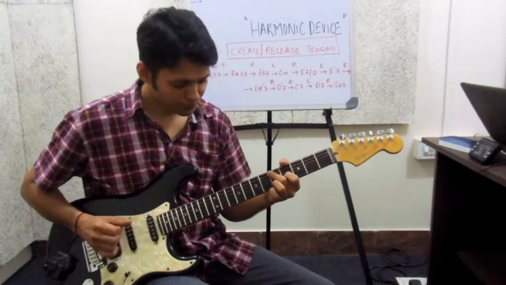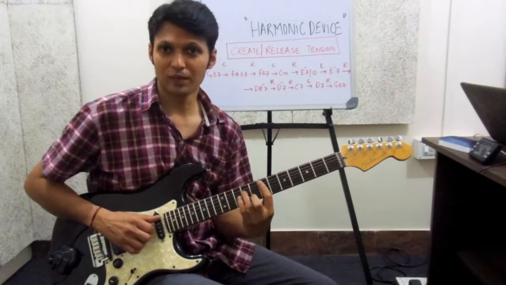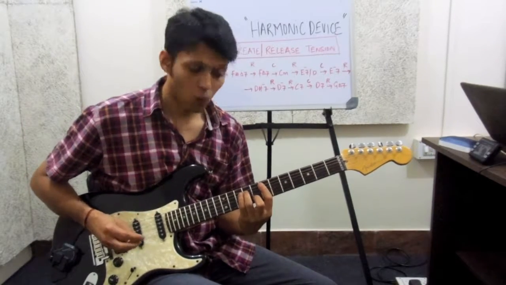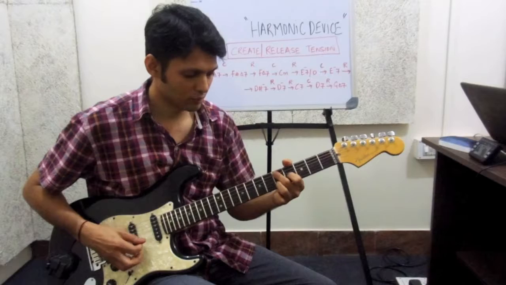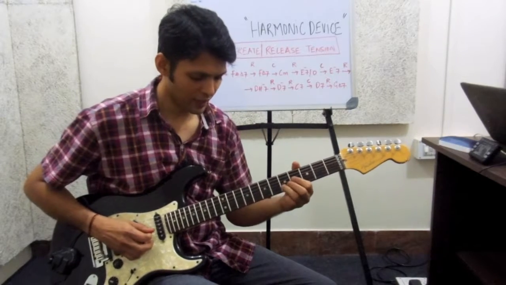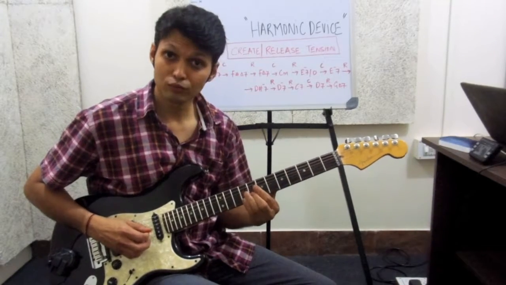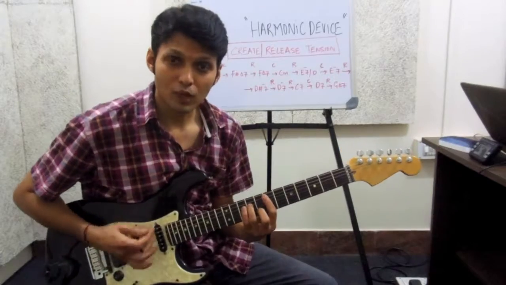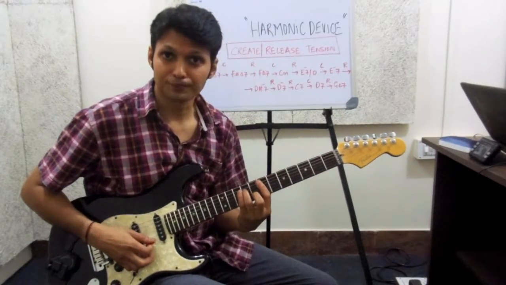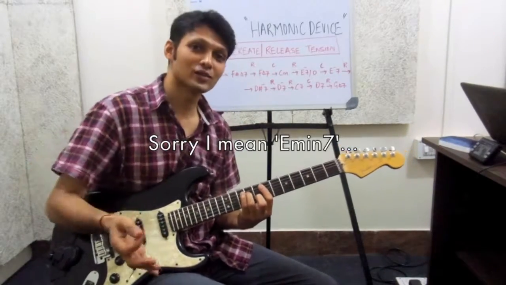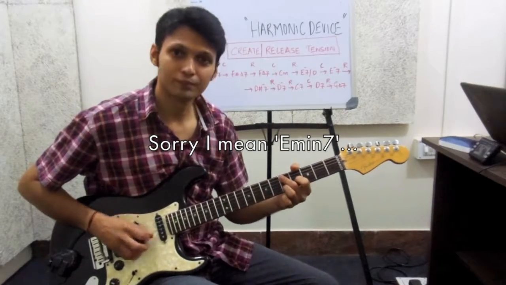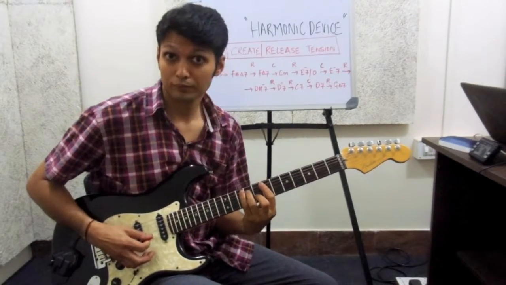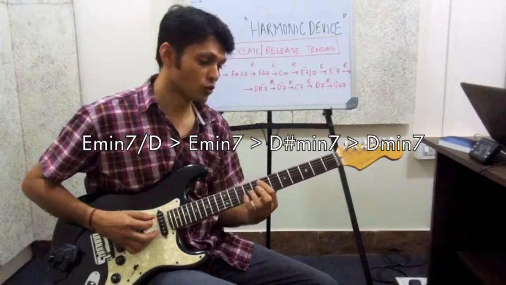And from there on, when I go to the root shape of E minor 7 here, watch my melody note, my top note. It's E out here and it jumps to G in the root shape of D minor 7, and this actually creates some tension once again. Let's take the next two chords.